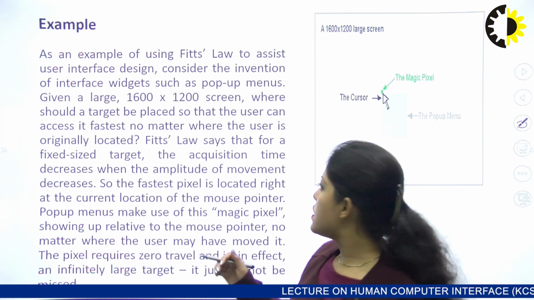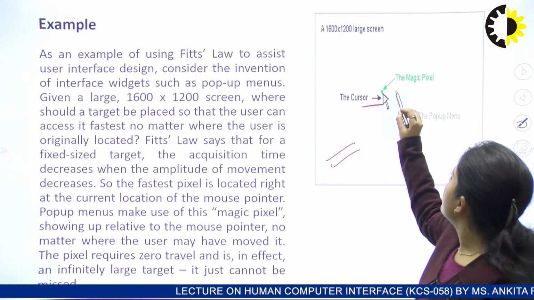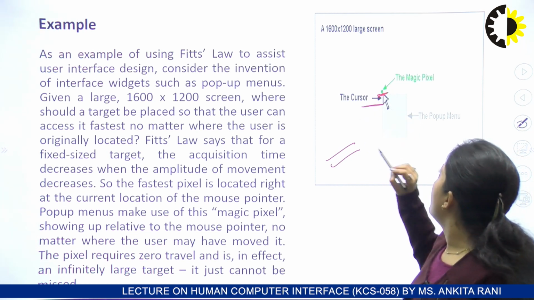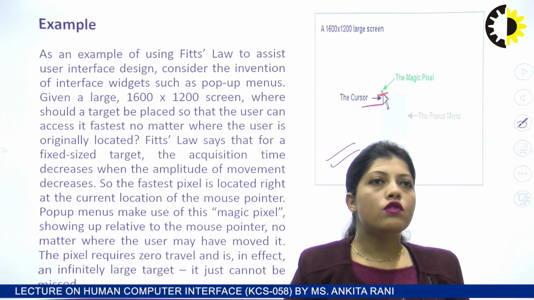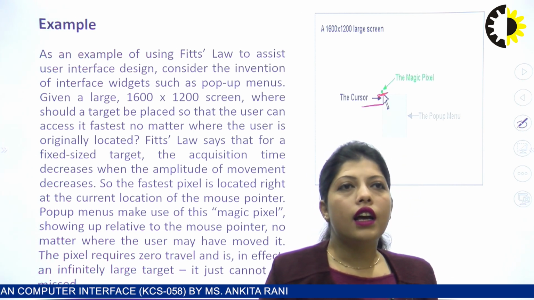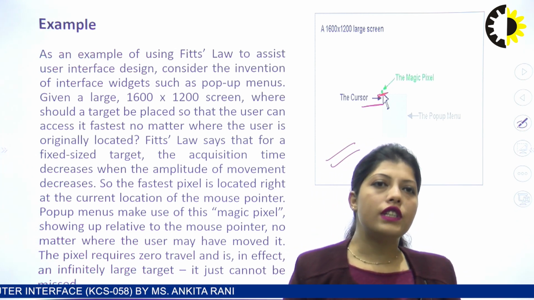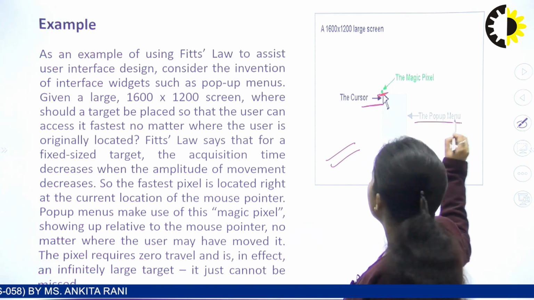So this is an example of Fitts law. This is the cursor, this is the magic pixel and this is the pop-up menu. As an example of using Fitts law to assist user interface design, consider the invention of interface widgets such as pop-up menus, like this pop-up menu.